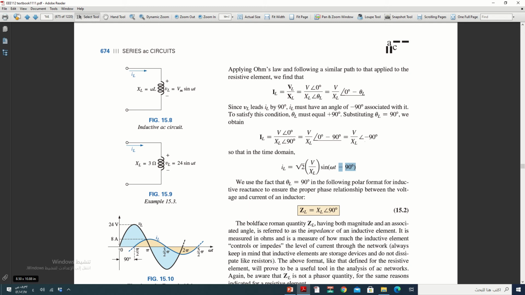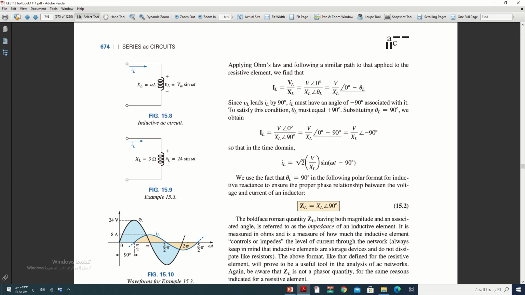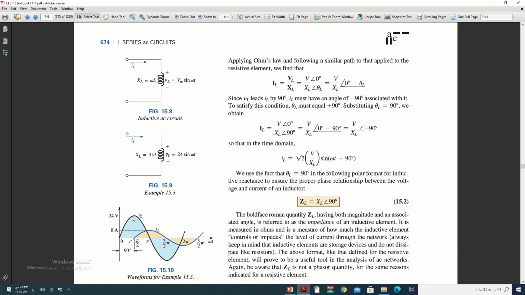And we know that in a pure inductor, pure inductive circuit, the current lags the voltage, and here the current starts at 90 and reaches 0 after the voltage reaches 0. This means our concept and calculation is correct. The current lags the voltage, or we can say the voltage leads the current.